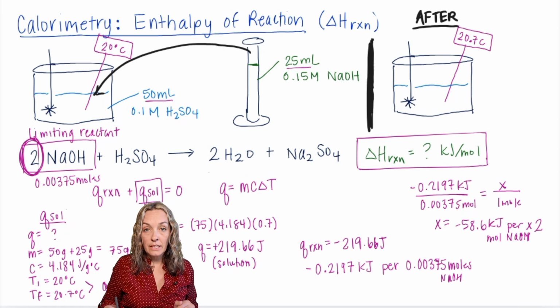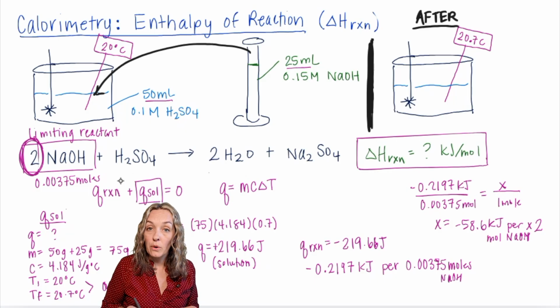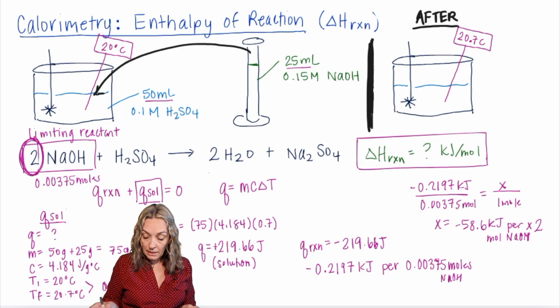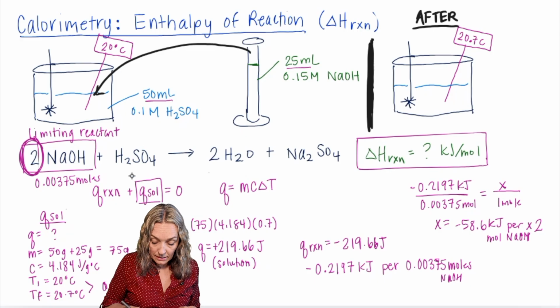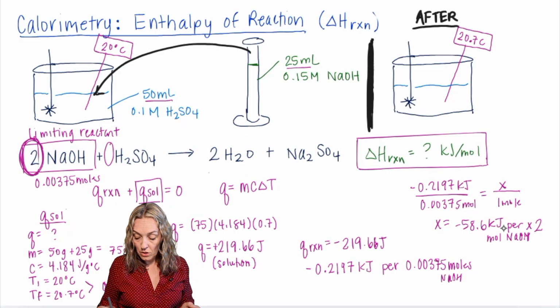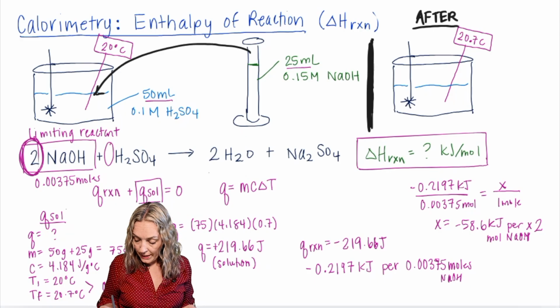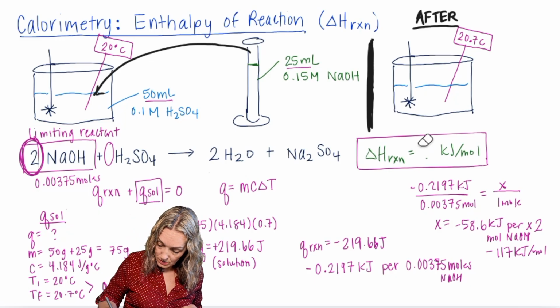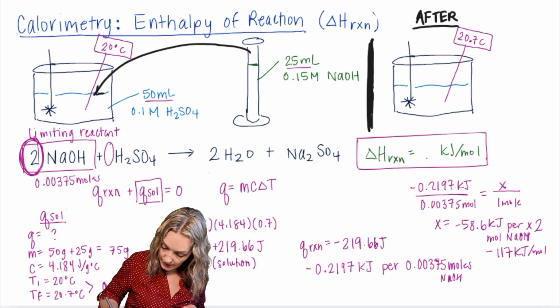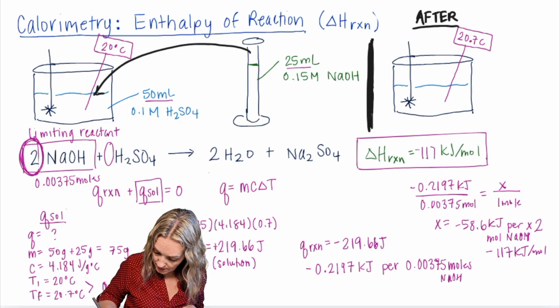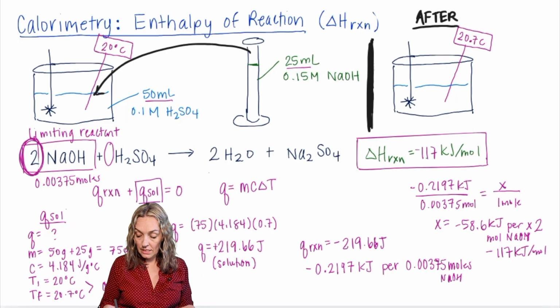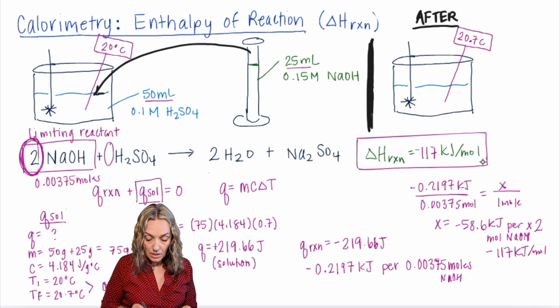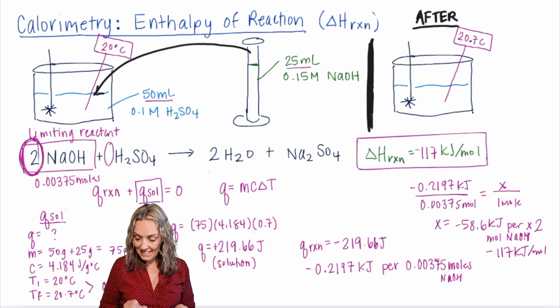If we did all of our calculations based on the H2SO4, if that was the limiting, then we would not need to scale it up because there's only a 1 there, so we wouldn't have to double it. When I double it, I get negative 117 kilojoules. So we are going to put that in as our final answer. Negative 117 kilojoules per mole based on the balanced equation that is there.